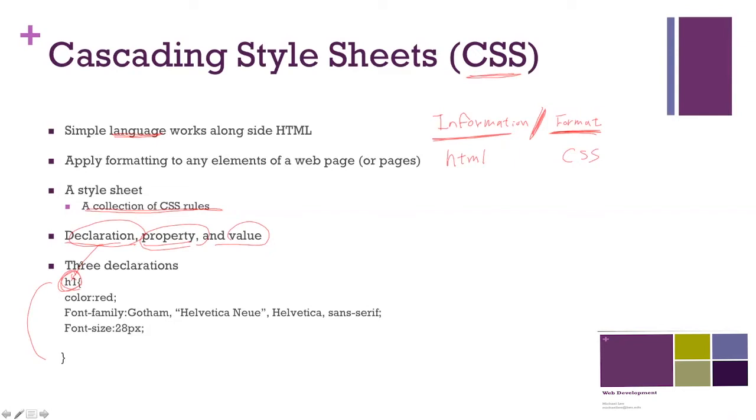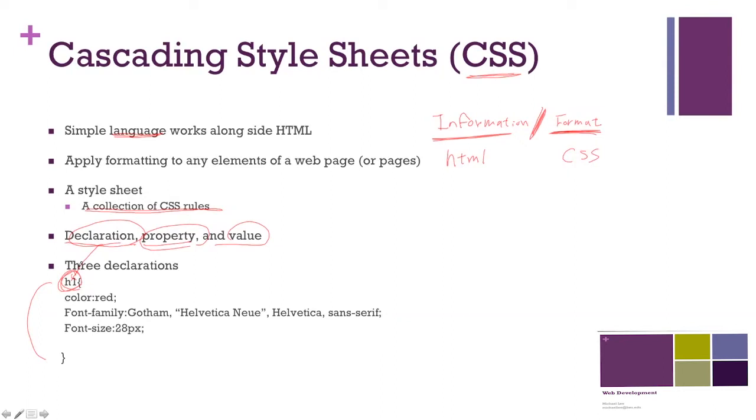H1, H2, image, table, title, link, image, video, audio, you name it. So you target, hey, this should be in this style. In this example it says H1, which means it's telling all browsers that the following rules are for H1 style.